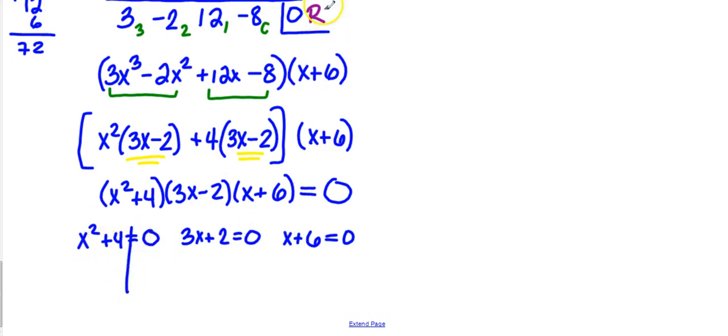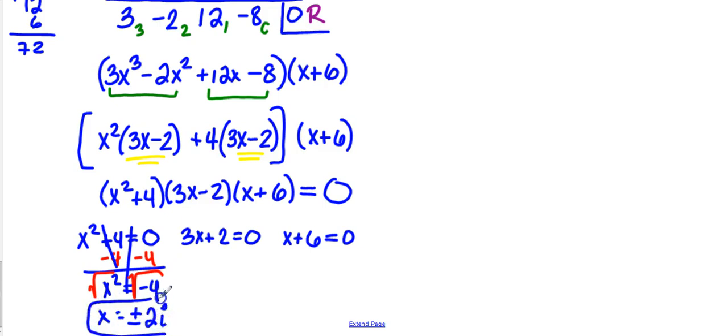Solving this one, square root both sides, we get x equals plus or minus 2i. Here, using mental math, if I add 2 to both sides, that's 3x equals 2.